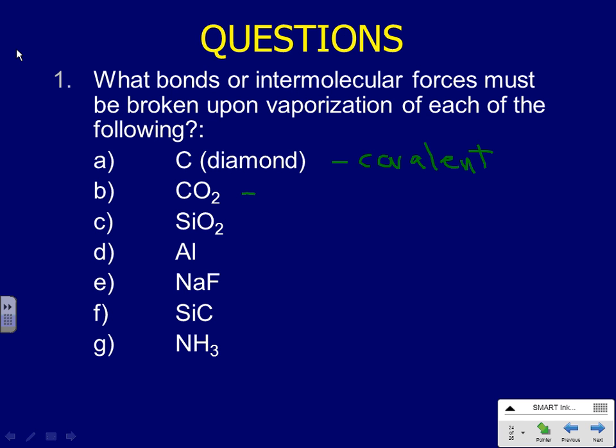What intermolecular force holds adjacent molecules together? This is the Monday morning pause. Here we go. Yep, dipole forces. What does CO2 look like? Looks like this. Beautiful.